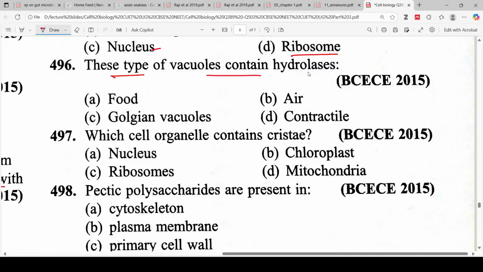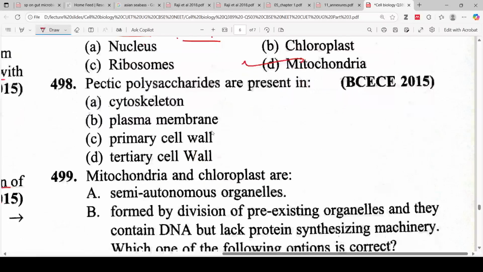These types of vacuoles contain hydrolases: food, Golgian vacuoles, air, and contractile. So the correct answer is option A, food vacuoles. Next question, which cell organelle contains cristae? Mitochondria will be the answer.